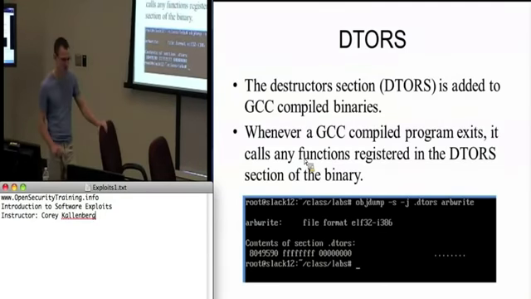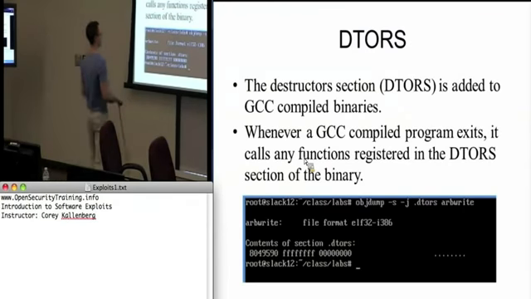Sorry, can you explain that again? So the dtors section is just something that's tagged on at the end of any GCC binary? Yeah. And those three addresses are instructions? So these aren't addresses. This is saying the destructor list is located at this address, 8049590. This is the contents.